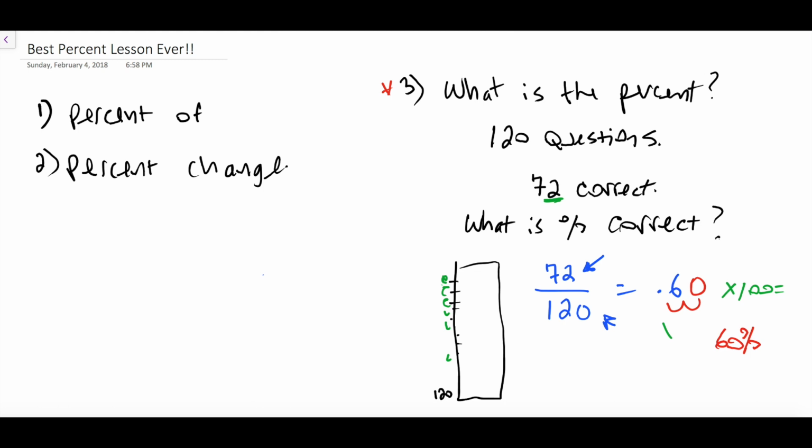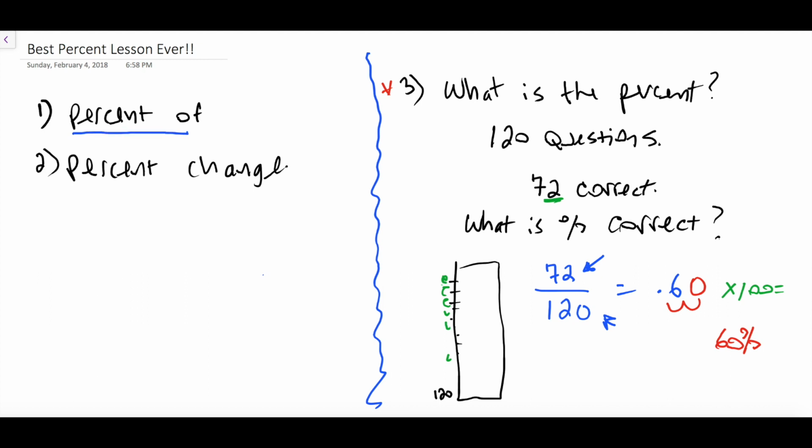You with me? Okay, so that's a more basic kind of question. A more difficult one is a percent of problem. We're really going to think about percent of.